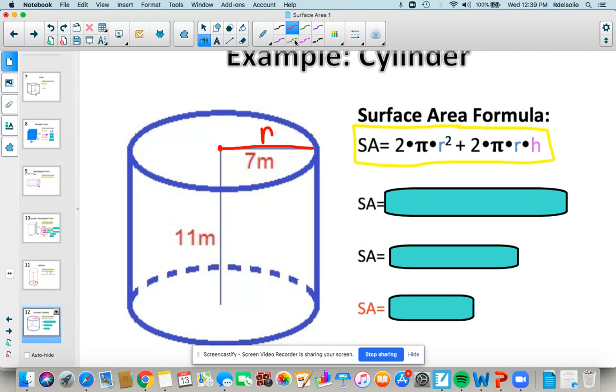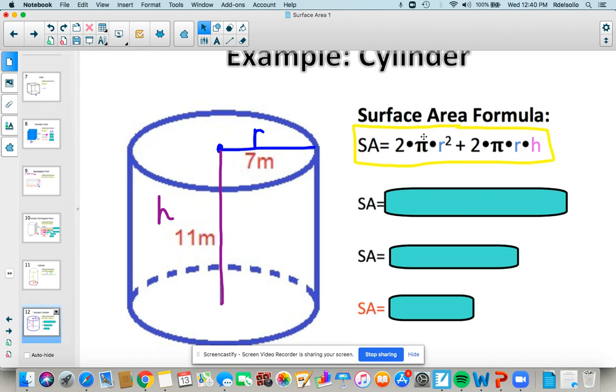And then our height, I'm going to make it blue so it matches the colors. And how tall it is from the vertical line, top to bottom here, we have our height, which is 11. Okay, so now we're going to just take our formula, and wherever there is an R, we're going to plug in a 7, and wherever there is an H, we're going to plug in an 11.